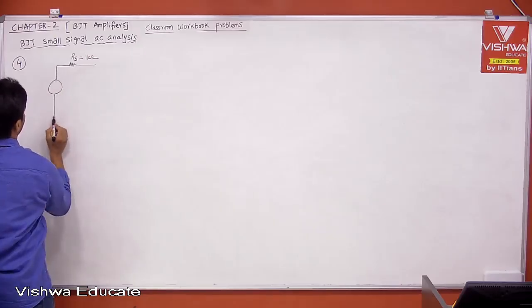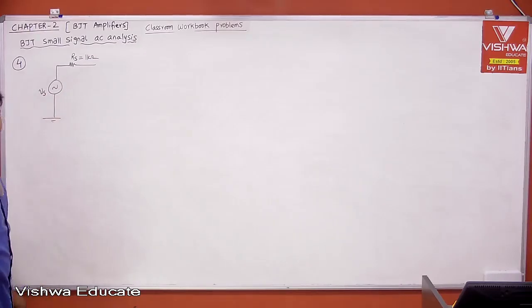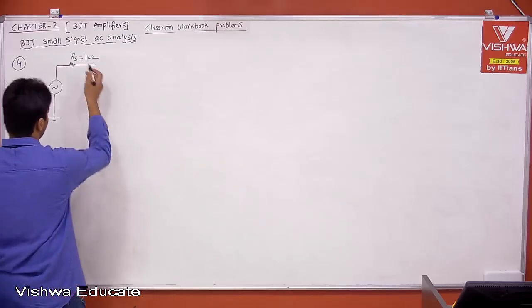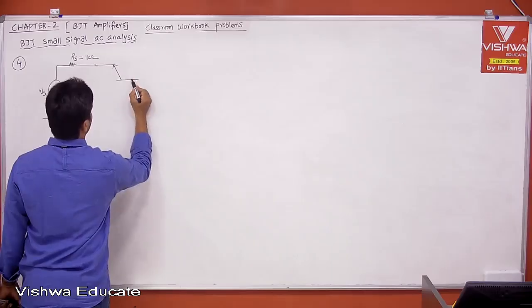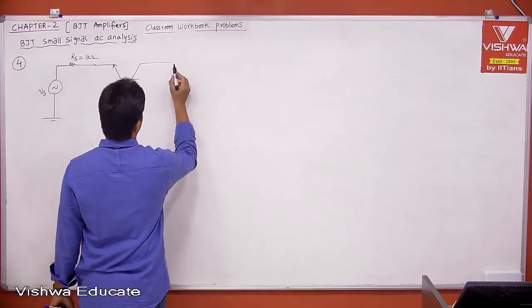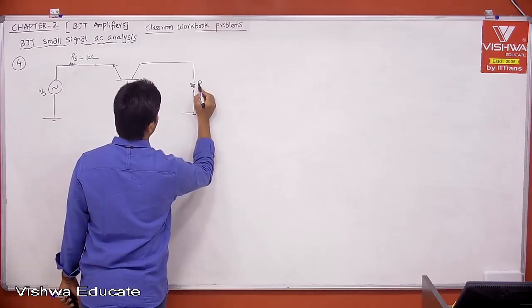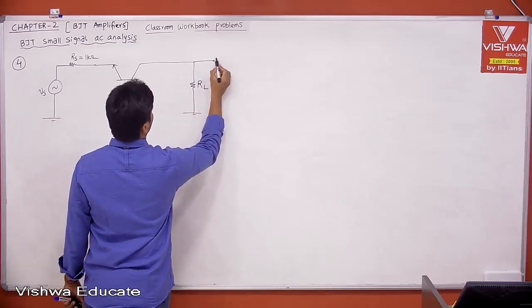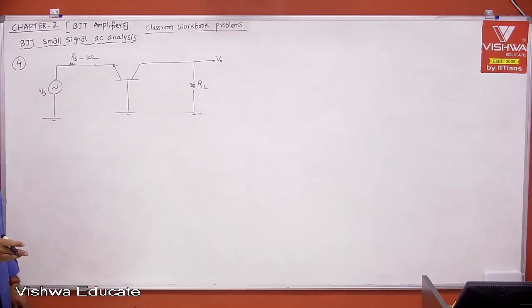In all the problems, the same source VS, RS is given, but now this is applied to the AC ground basically. Remember, the complete AC circuit is given, and the assumption is also given that the transistor is in the active region. Actually that is what we need for amplification. Therefore it is in the active region.